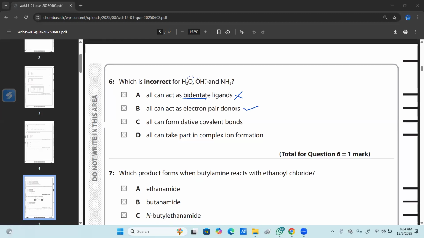In hydroxide also you have a lone pair. Ammonia also you have a lone pair. All can form dative covalent bonds. That is also correct. All can take part in that. That is also correct. So they have asked for the incorrect one. They are not acting as bidentate, but they act as monodentate ligands.